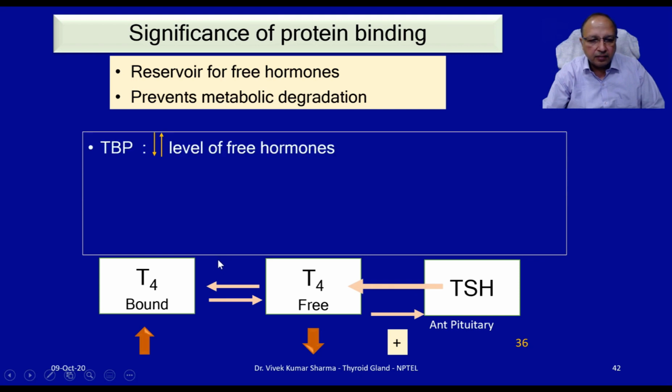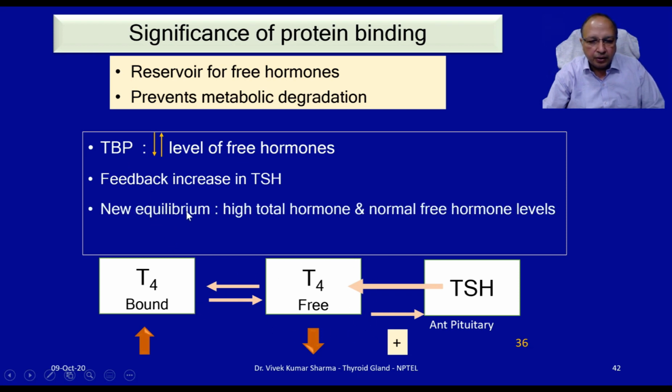Thereby the balance will be reinstated, and the free level of the hormones will always be maintained. So there will be a new equilibrium with a higher total hormone and normal free hormone levels in the person. So the person will remain euthyroid.